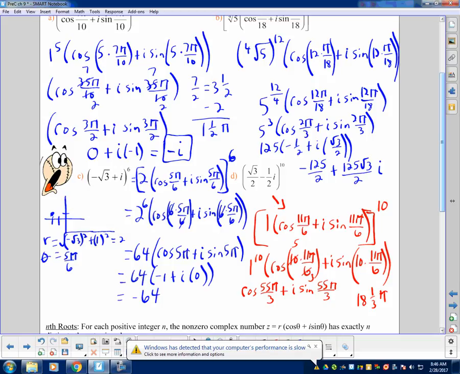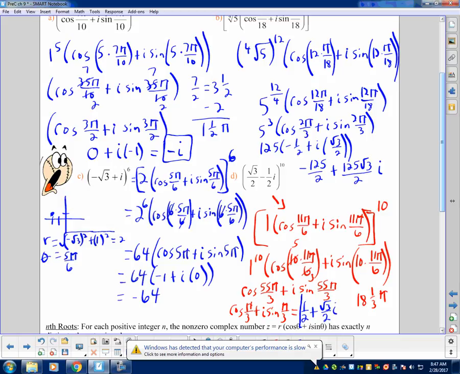So this is the same as cosine pi over 3 plus i sine pi over 3, which equals, cosine of pi over 3 is 1/2, plus sine of pi over 3 is root 3 over 2 i.